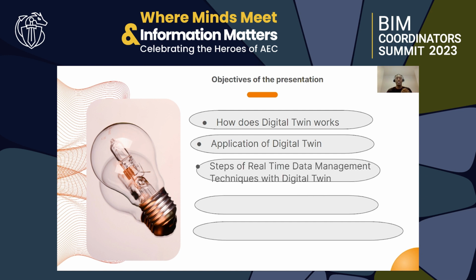There are various steps that you can take to achieve these data management techniques with a digital twin, so we are going to look at a step-by-step guide on how to do it. Next, we are going to talk about the benefits of digital twin technology, and finally, we are going to look at the challenges and opportunities of digital twin technology.